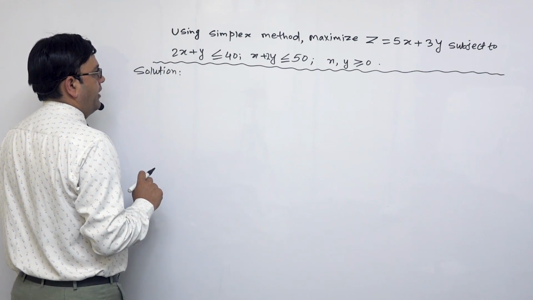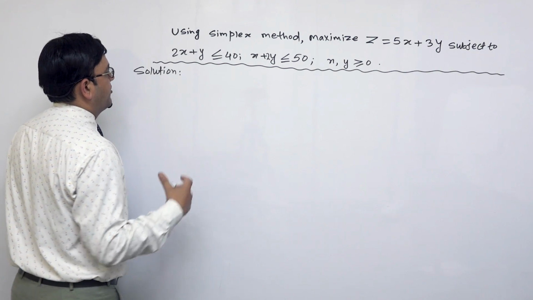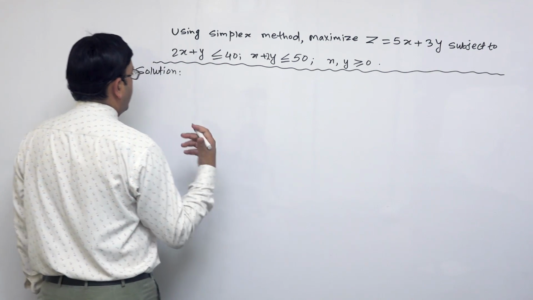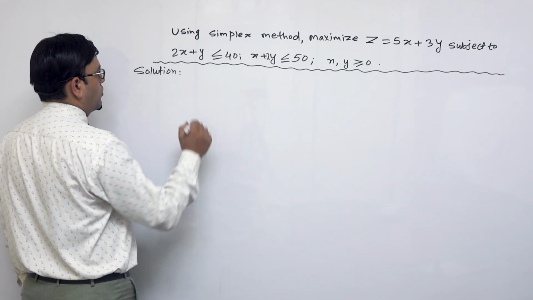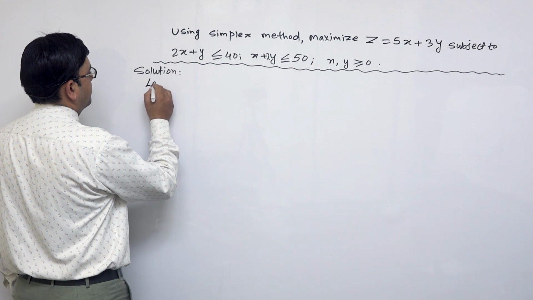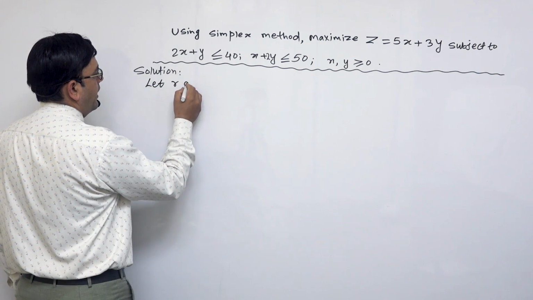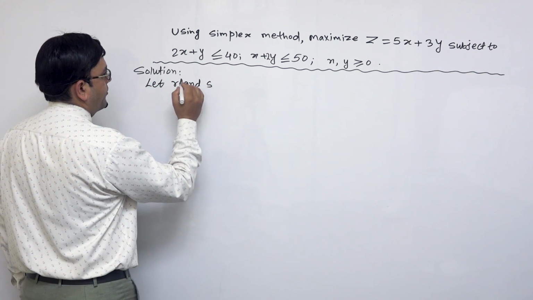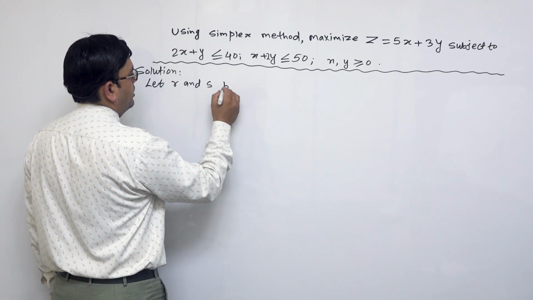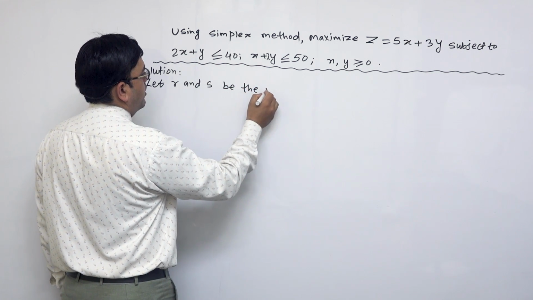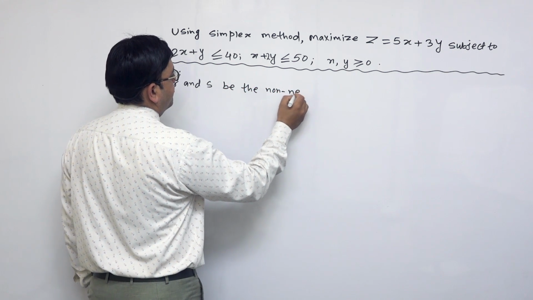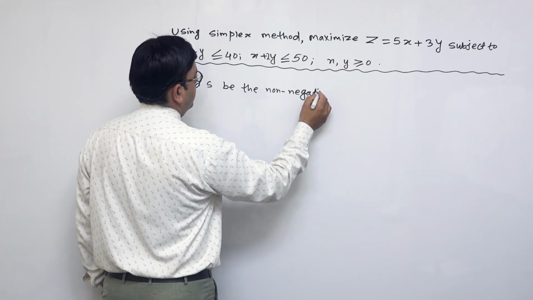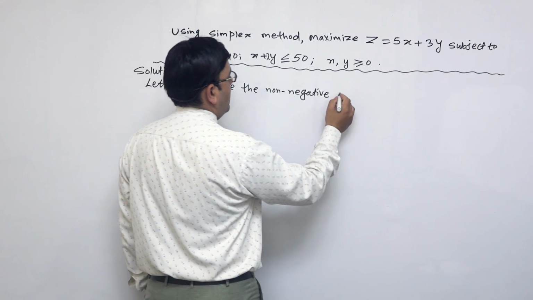In this question, first of all we have to suppose, as you already know, the slack variables. So let r and s be the non-negative slack variables.